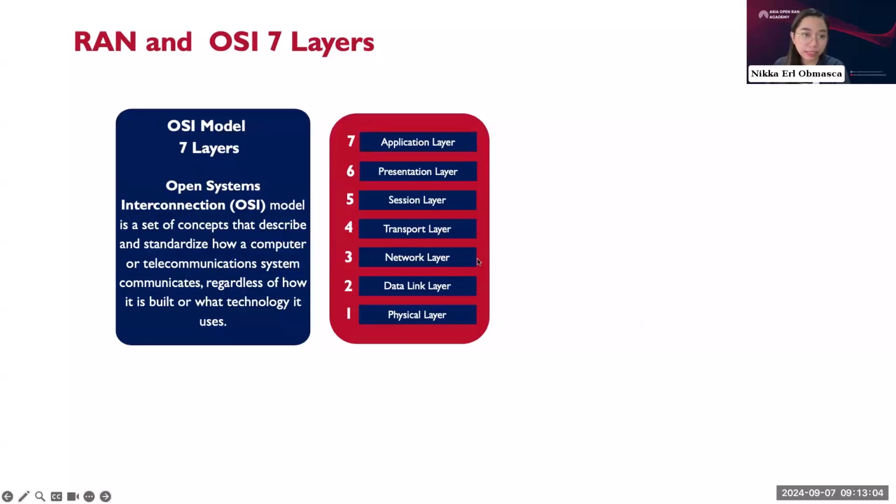Next we have the network layer. So ano ba yung meron sa network layer natin? Sa network layer naman natin, it is more on the routing. It decides kung saan yung pinakang best way to route data from the source to the destination across multiple networks, usually using logical addresses like yung mga IP addresses natin.